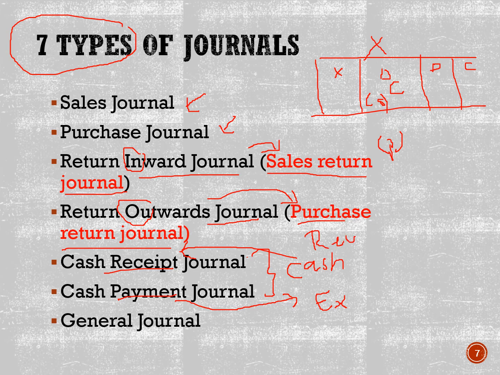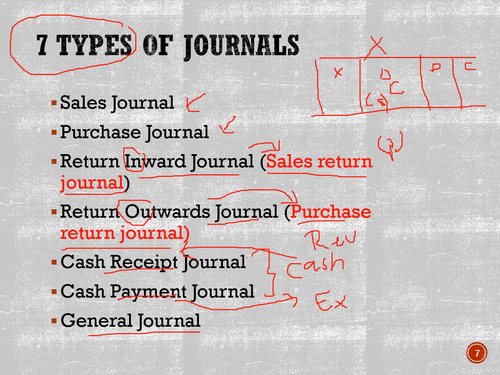Okay, so revenue. So general biasalah yang lain. Maksud dia journal ni dia lain daripada sales journal ke, purchase journal ke, return inward ke. So contoh dia macam kita beli barang-barang yang bukan inventory, non-current asset.